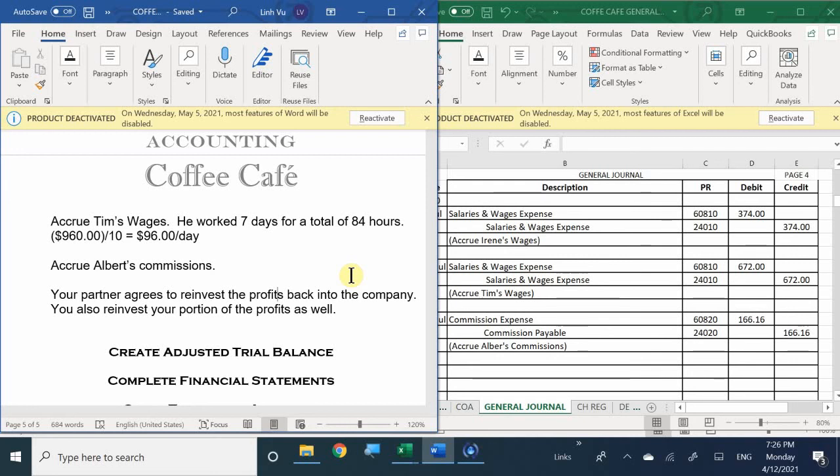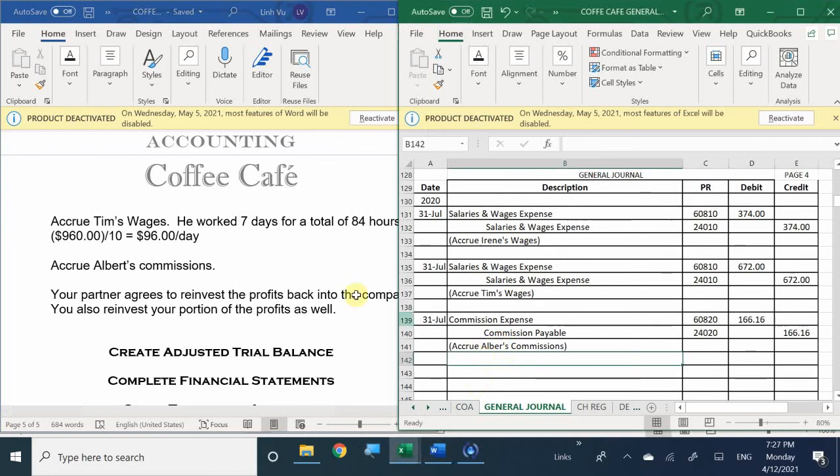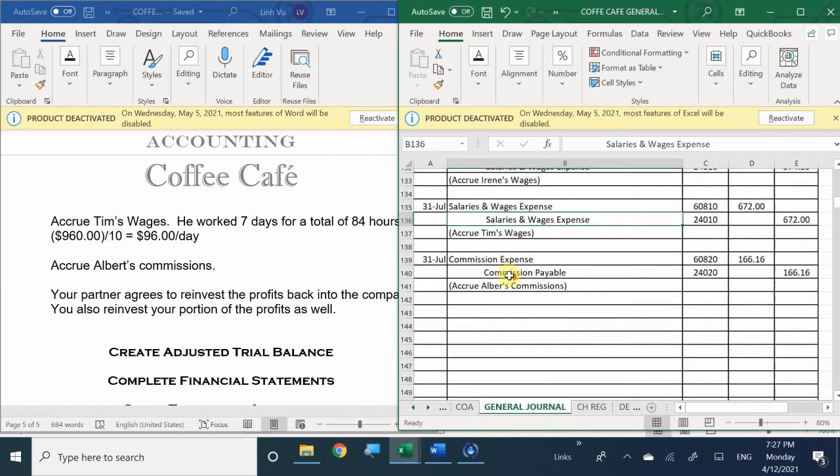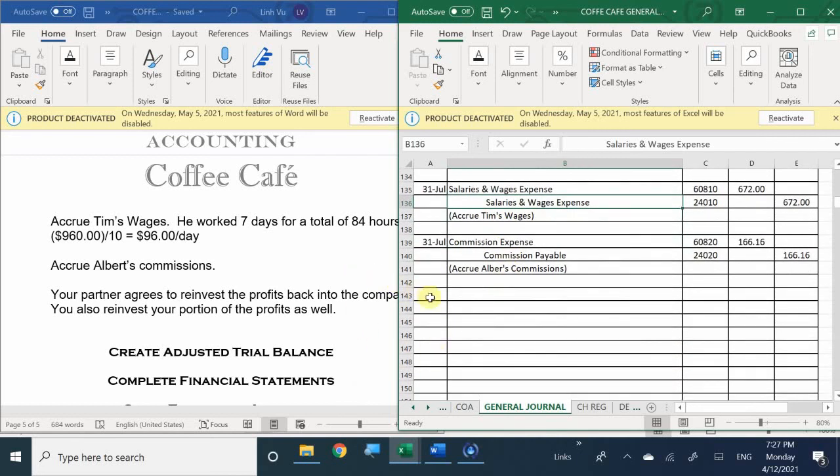This is only pertinent to us when we deal with the equity account, so we will be looking at partnership equity. Other than that, the last thing we have to do is create our adjusted trial balance, which we will complete tomorrow.